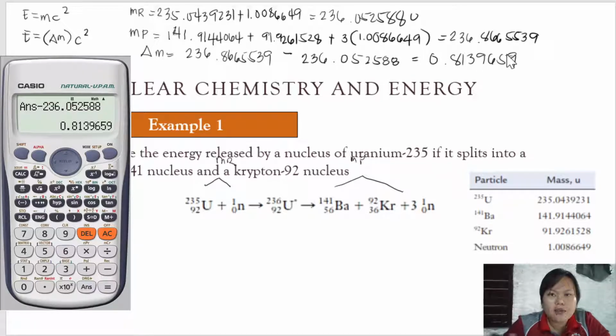As you can see, I'm avoiding rounding off in the middle of the solution.